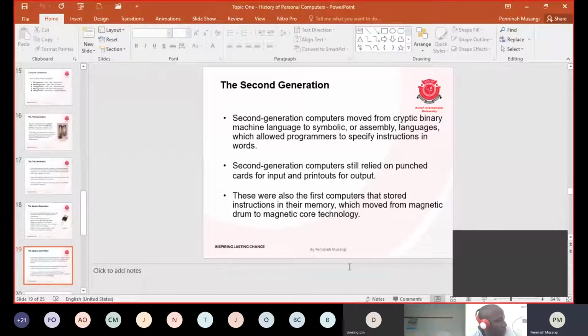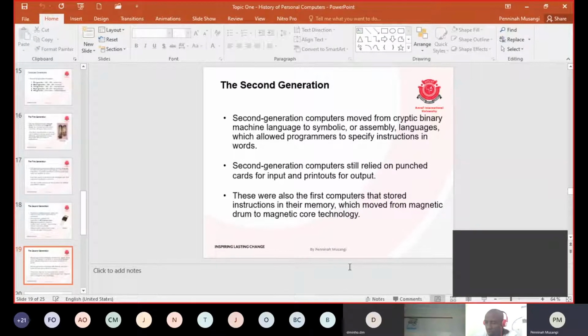But now in the second generation, it was possible for a programmer to specify instructions using the natural language we know of. So that was a very major improvement, and that's what we call symbolic or assembly language.